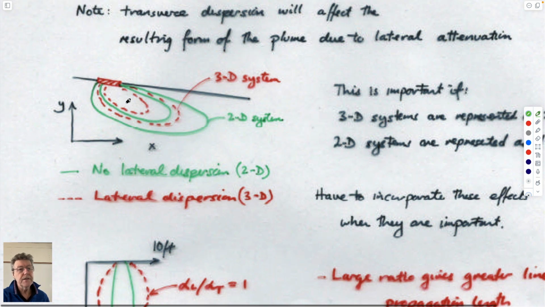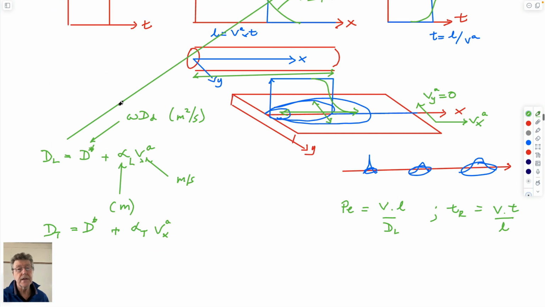We could also think of these behaviors in terms of 2-dimensional and 3-dimensional behaviors. This is kind of a 3-dimensional behavior here. It's 3-dimensional because we just have something being put into the aquifer right here, and it travels downstream, it widens, and you could imagine that it would also deepen in the vertical direction as well.